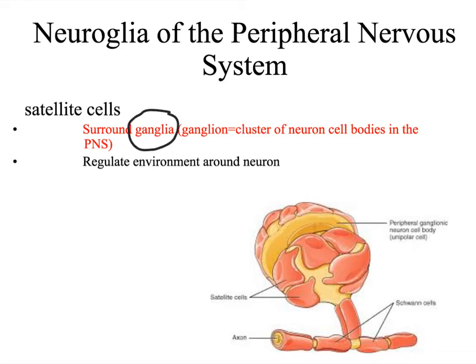A ganglion is a cluster of neuron cell bodies. In particular, we'll look at that with the autonomic nervous system. For example, if this is the spinal cord, then the ganglia are going to be located around the spinal cord. So the satellite cells will surround these ganglia and provide protection.